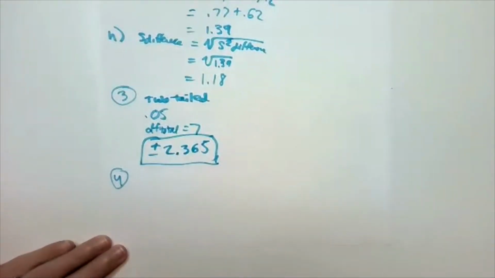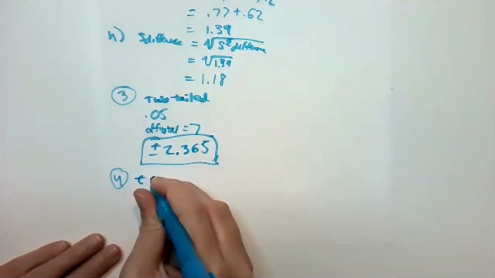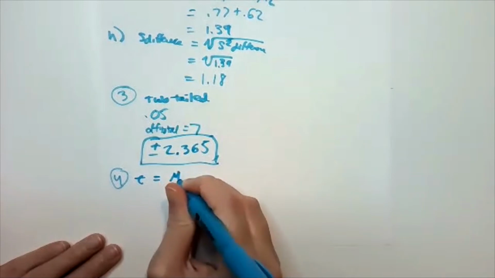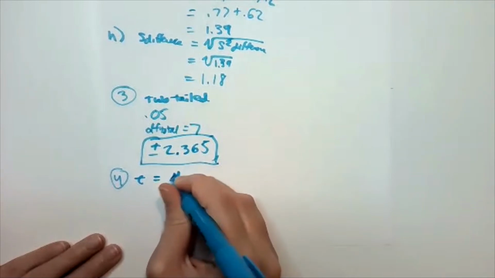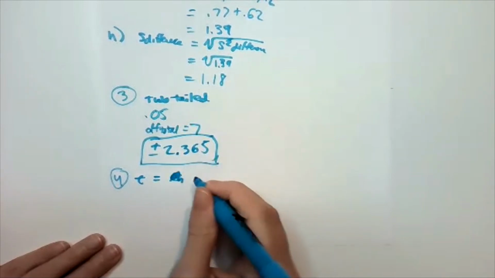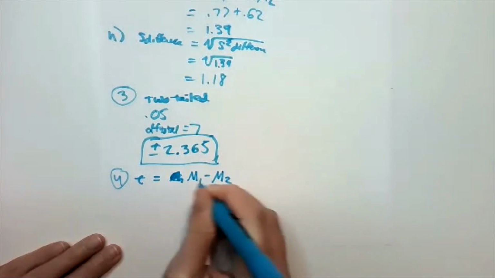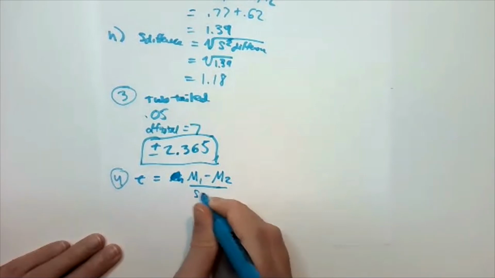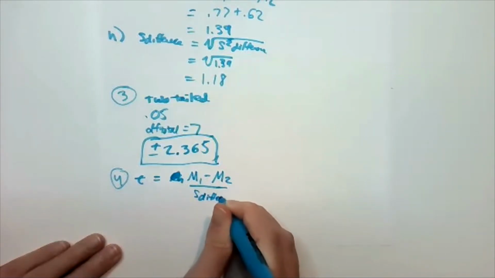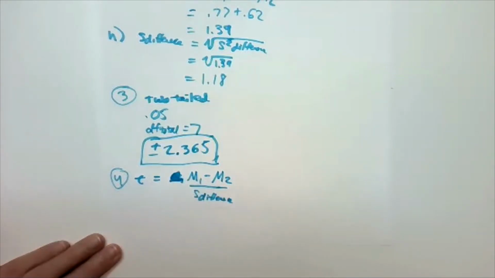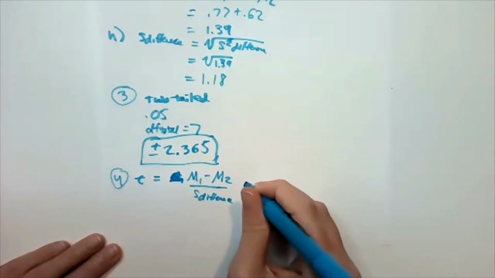So step 4. Step 4 here, we're going to get our sample score. What is our sample t-score for these two groups? And so in order to do that, to make this a little bit clearer here, we're going to use mean 1 minus mean 2. And we're going to divide that by our comparison distribution standard deviation.